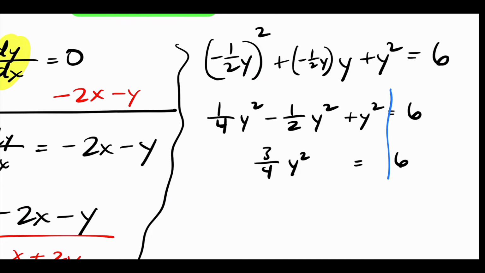Divide by 3/4 or multiply by the reciprocal. Y squared equals 8. Find the square root.